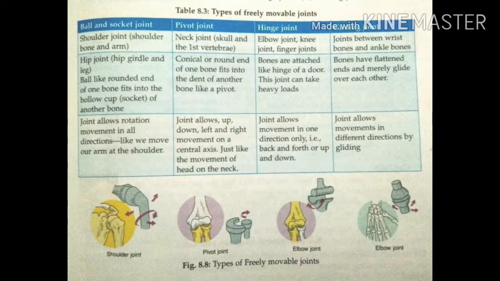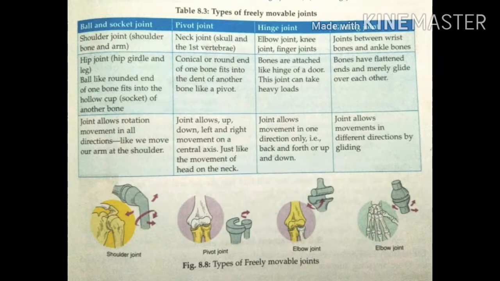The ball-like rounded end of one bone fits into the hollow cup, which is called a socket, of another bone. This forms a ball and socket joint.